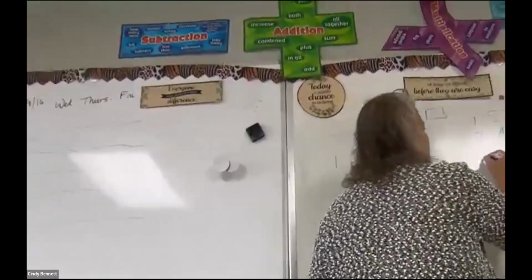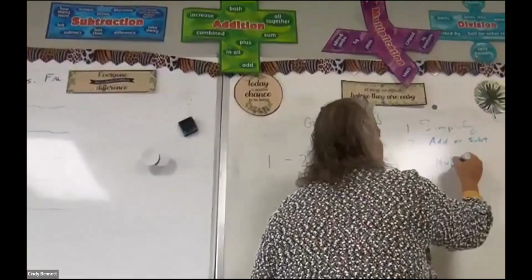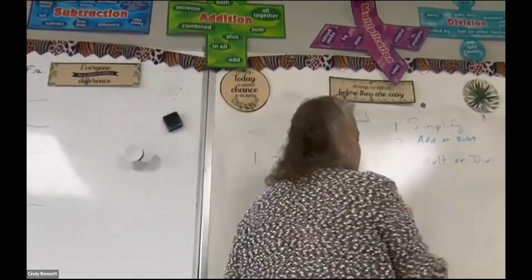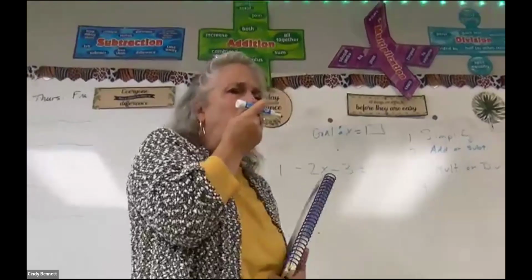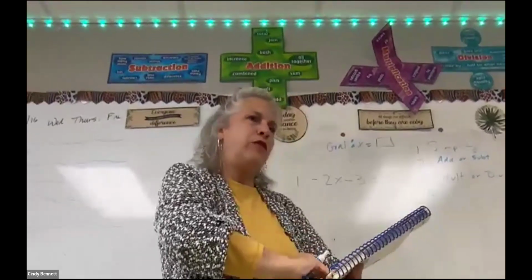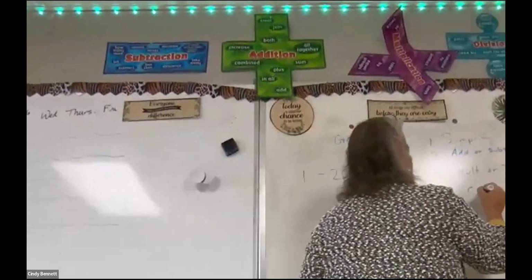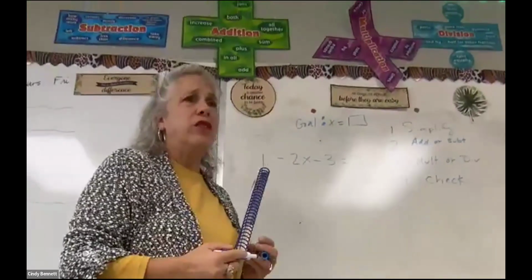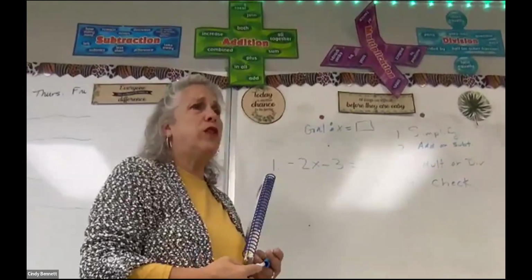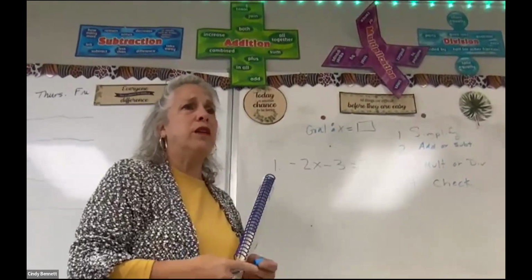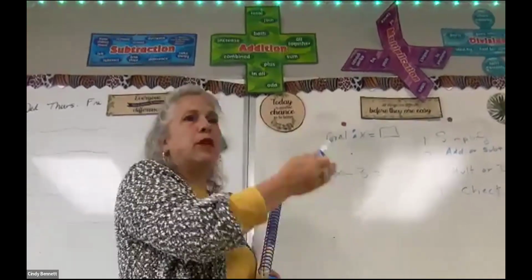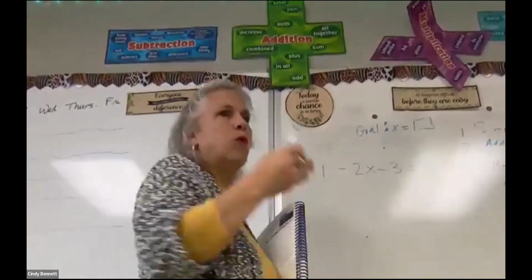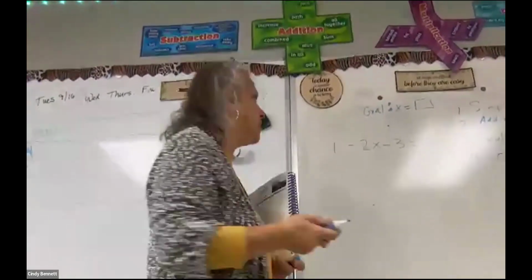My third step is going to be multiply or divide. And then the fourth step is gonna be what? What does it say on that page? Check the solution. Okay, so that's gonna be pretty standard. The equations might get a little more complicated, but just keep those steps in mind.